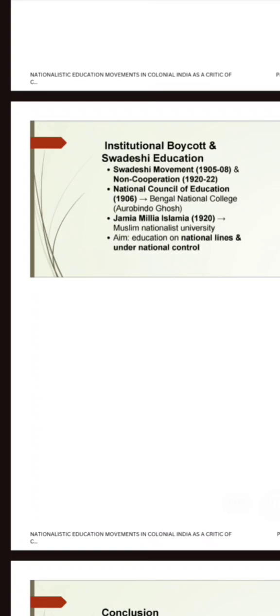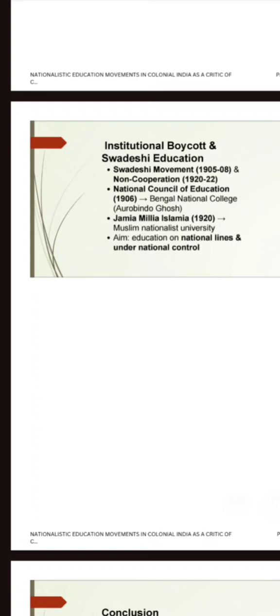These schools aimed to provide patriotic and culturally relevant education, preparing students to serve their country rather than the colonial rulers.